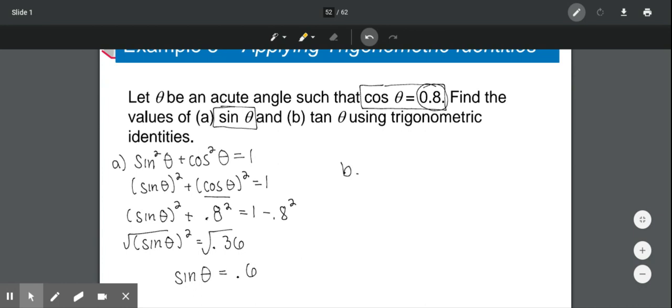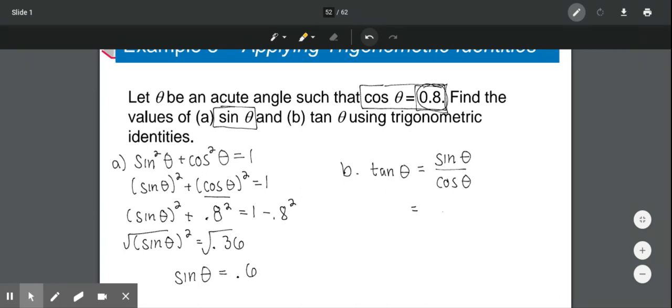For B, we want to find the tangent of theta. The information we have is cosine is 0.8, but we just solved that sine was 0.6. Remember that the tangent of theta is the sine over the cosine, so we can use those values.